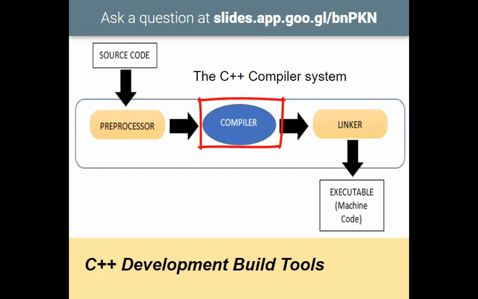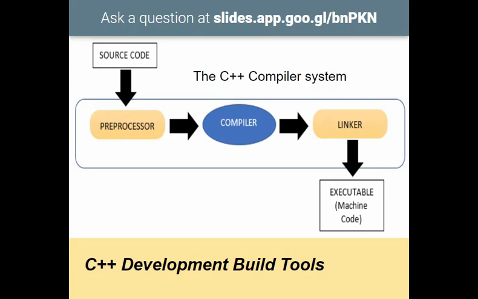A compiler is a computer program that translates programs written in a high-level language into machine code. Okay. And it also translates its high-level instructions into several machine code instructions all at once.